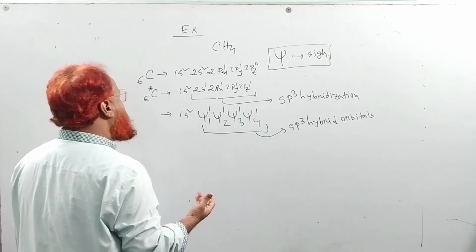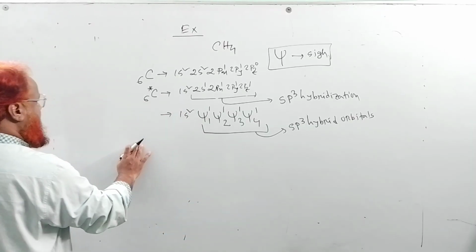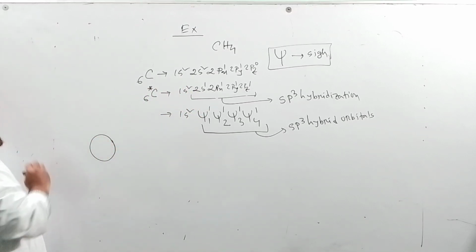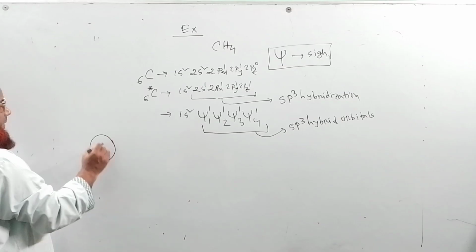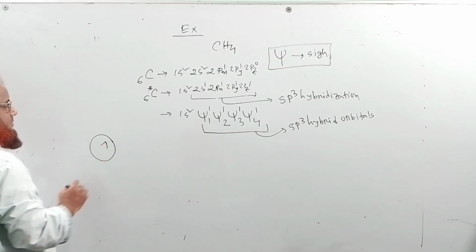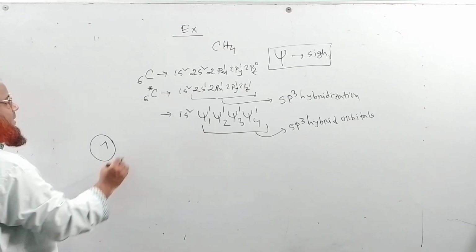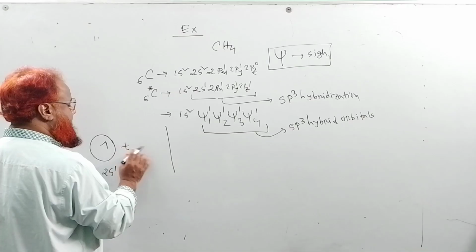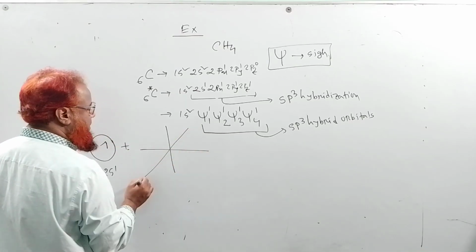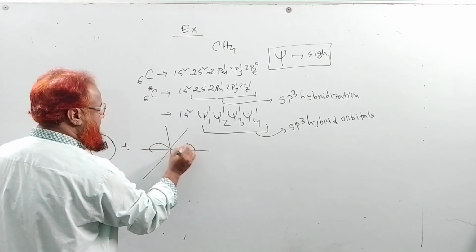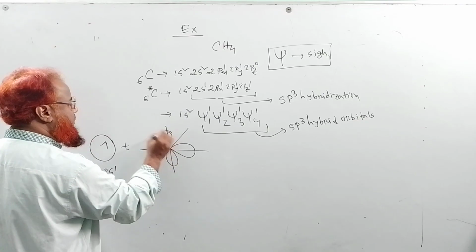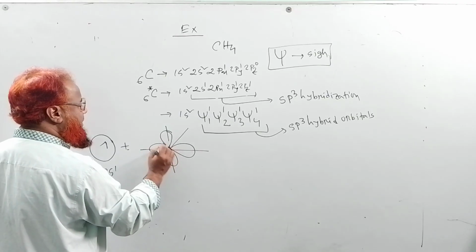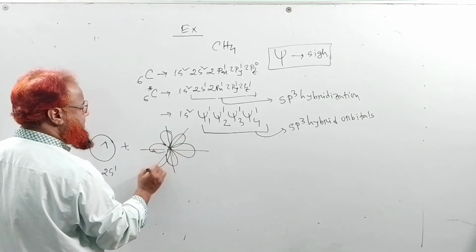So, what will be the diagram for this hybridization? Here 1s, okay. S shape is what? Round shape, you all know that. Here 1 electron, that is 2s1. Now, the 3 p orbitals like this: px, py, and finally pz.